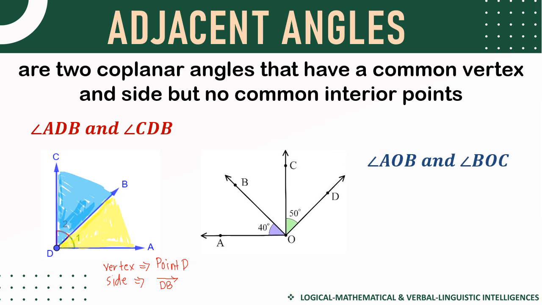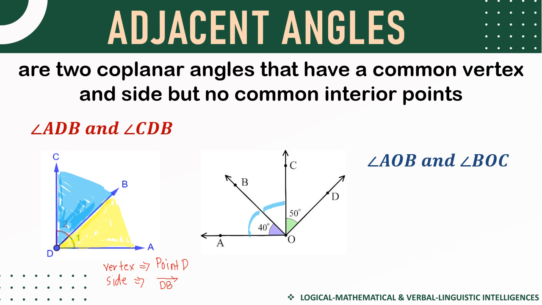Now moving on to the second figure. We have angle AOB, which is the 40-degree angle, and angle BOC. I am referring to this and then this one. They are adjacent because they have a common vertex.